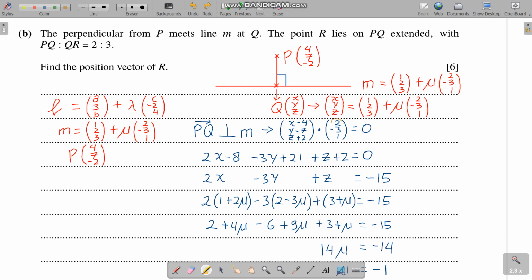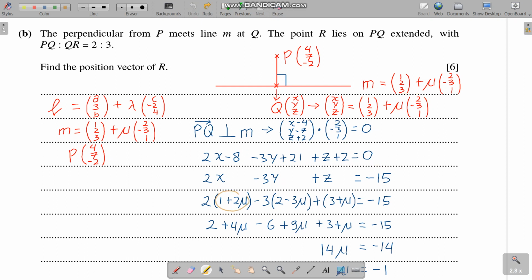Dot product means 2 times (x minus 4), which is 2x minus 8, and minus 3 times (y minus 7), which is minus 3y plus 21, and 1 times (z plus 2), which is z plus 2. So if you simplify the minus 8 plus 21 plus 2, that's going to be 15. Move to the right, minus 15.